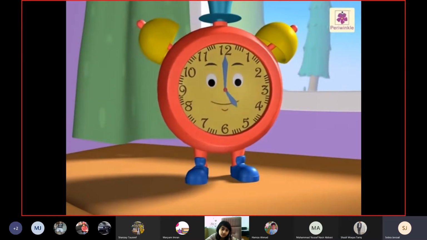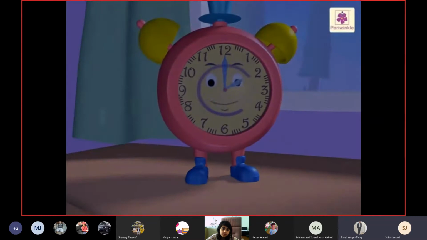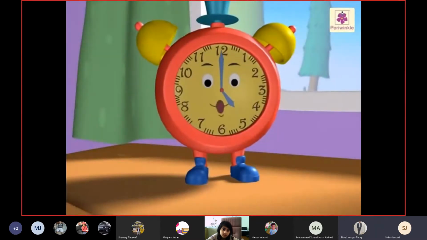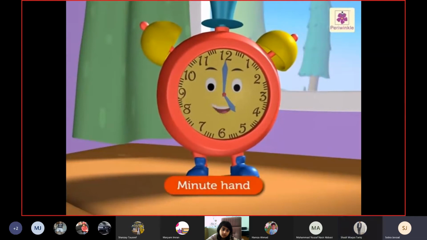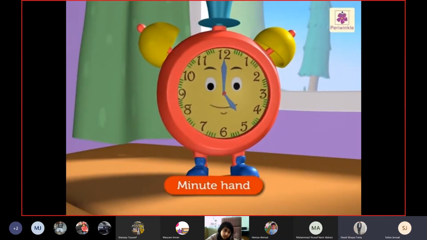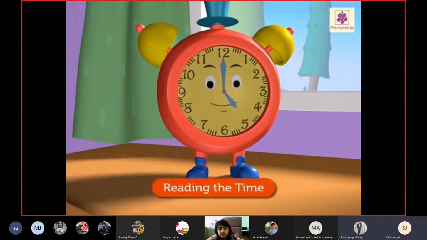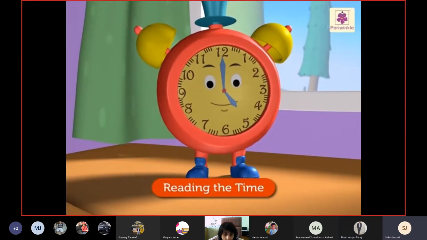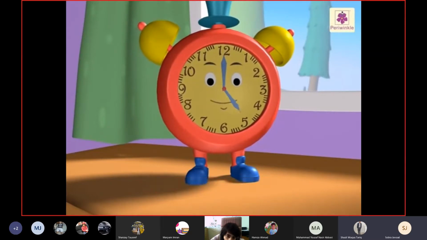So, the hour hand completes 2 rounds in 24 hours. My long hand is also called a minute hand. It shows the minutes. Come, now I will teach you how to read the time. See, my hour hand is on 5 and the minute hand is on 12.